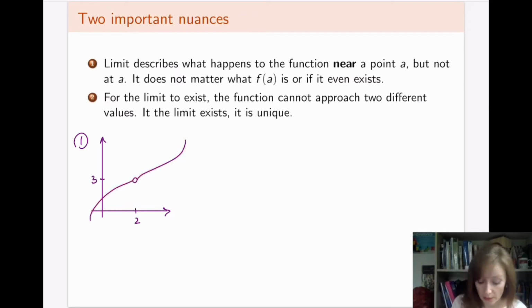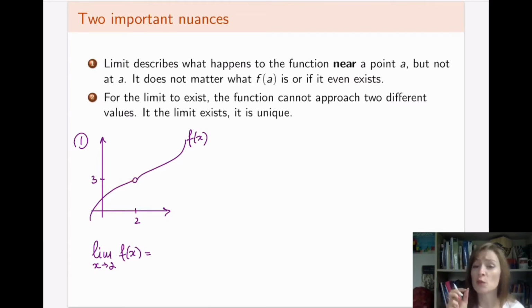But again, if I were to compute the limit as x approaches 2 of this function, let's call it f of x, then I will be thinking, as my x's go closer and closer to 2, what do my y values approach? You can follow this on the graph. As your graph gets closer and closer to 2, what y value does it approach?